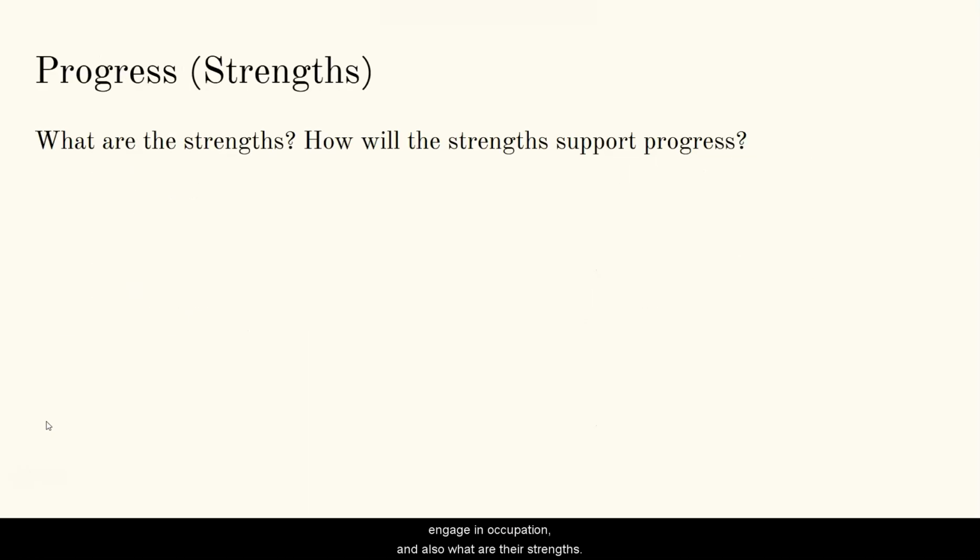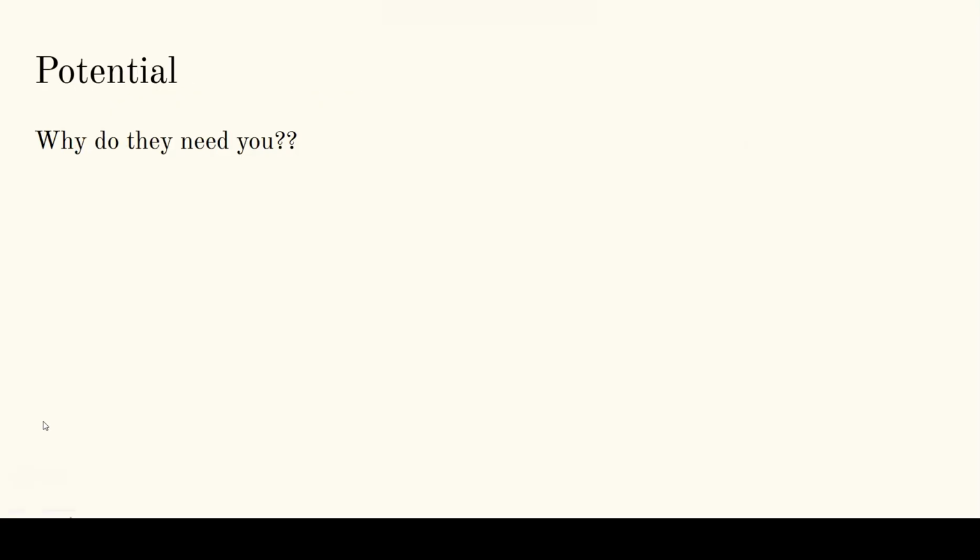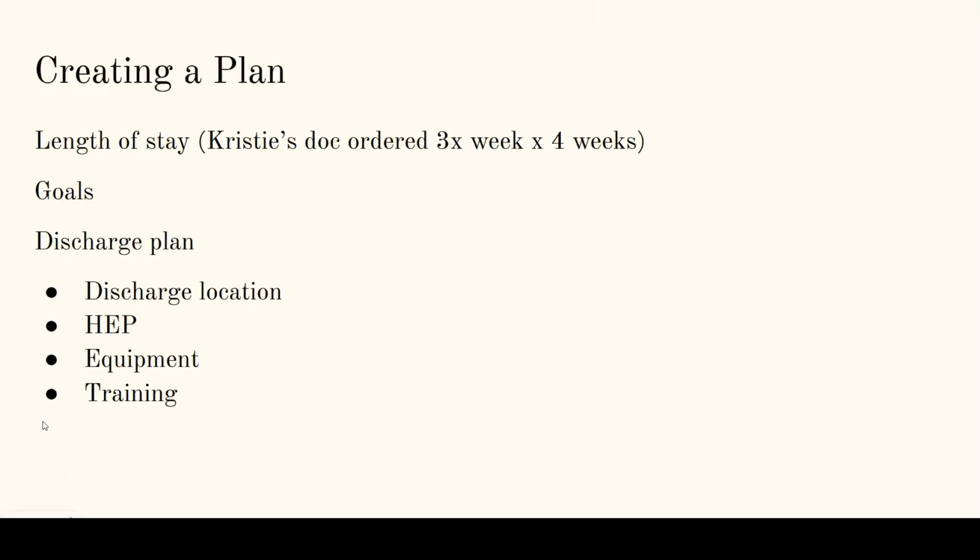And also, what are their strengths? Because this will support how you then devise your intervention plan and help them meet goals. Why do they need you? I think we've talked a lot about that.